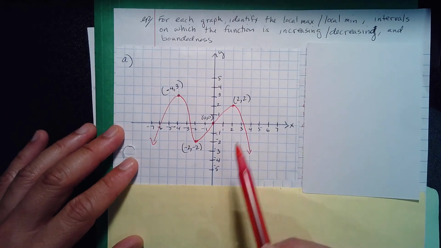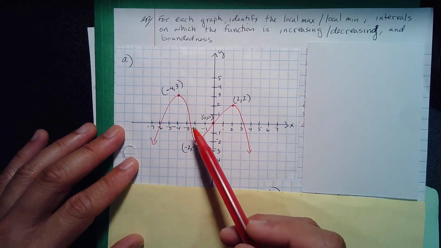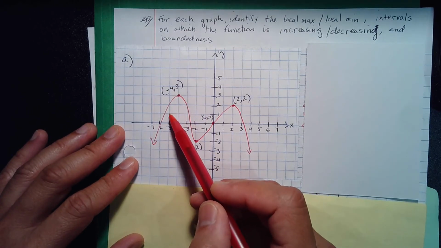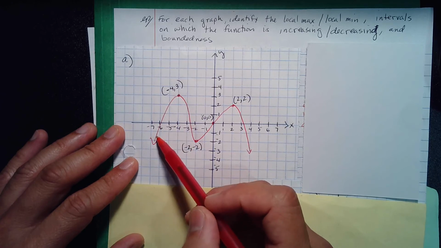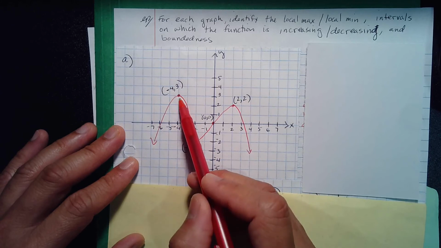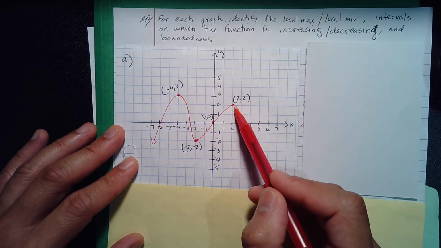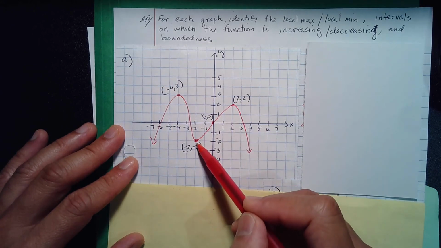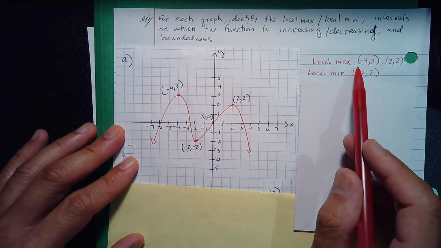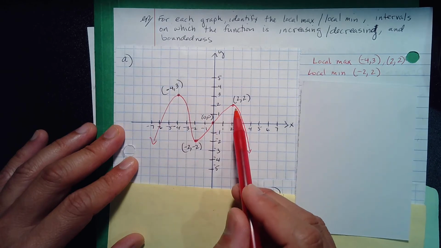Now we're going to find the local max and local min. The local max is where you have a change of direction, a change from increase to decrease. So this is a local max. This is a local max. This is a local minimum. So the local max points are (-4, 3) and (2, 2).